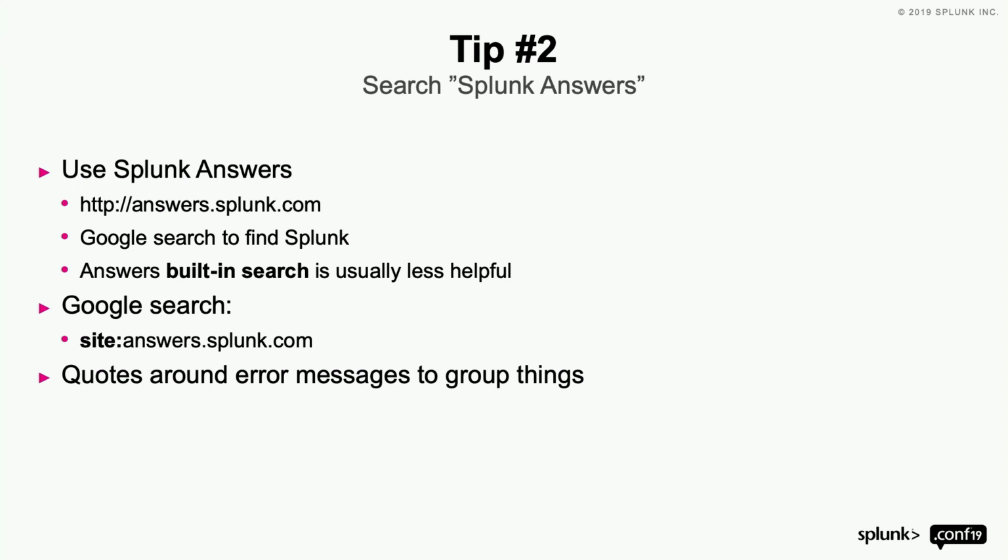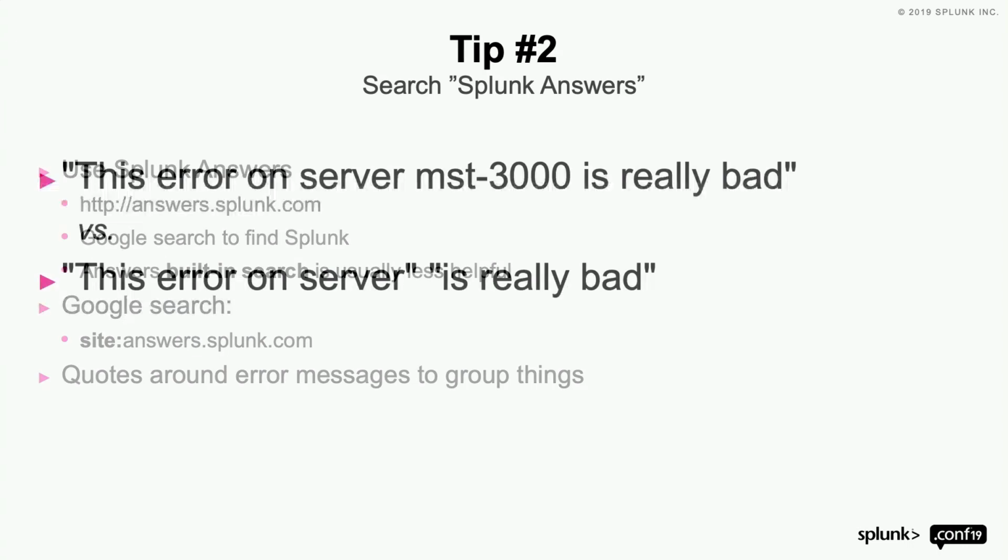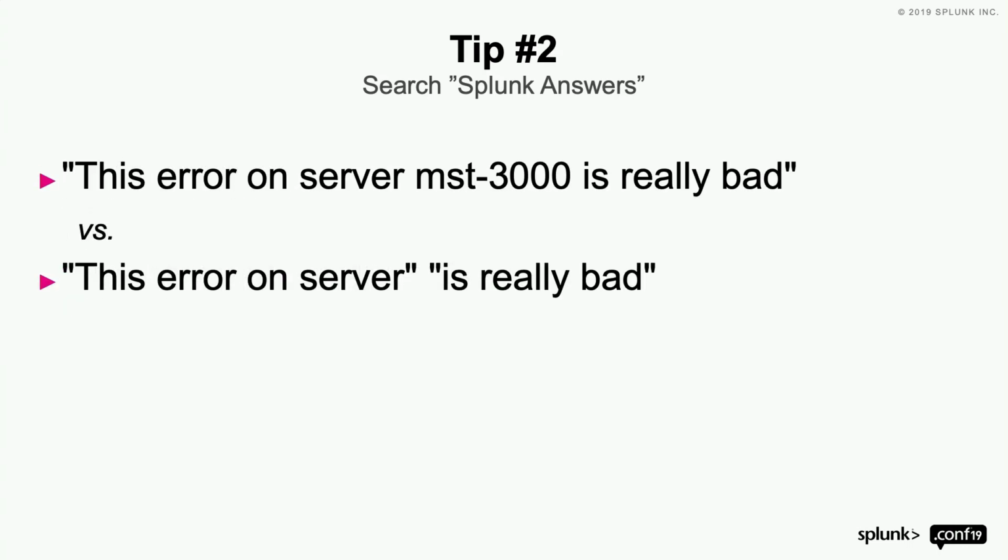If you have a string, like from an error message, put quotes around the string. That way you won't get the ones that have all the words, but not the context. So if you have something like, this error on server MST3000 is really bad, if that's the error message you get, probably this error on server and is really bad are the two parts that would be your error message, and MST3000 is not part of it.